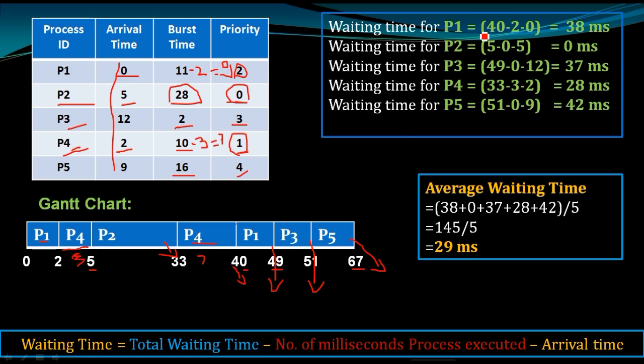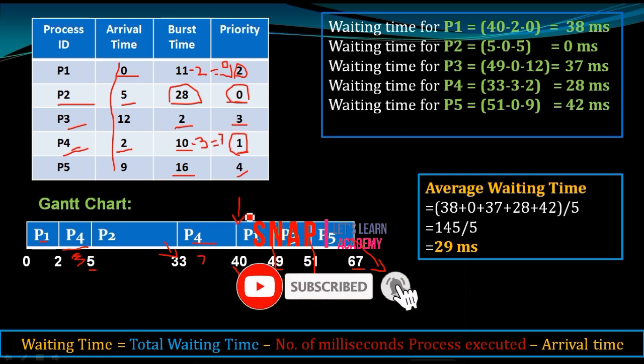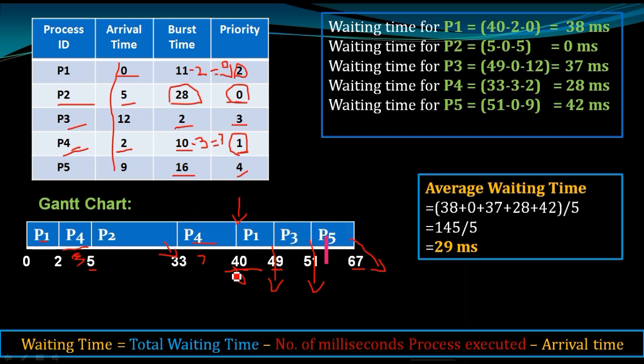P1, 40 is the total waiting time. So let us go to the Gantt chart, and the last execution of P1 started at 40th millisecond. So compared to 0 to 40, it is waiting for how long? 40 millisecond. Minus 2, what is this 2? Number of milliseconds the process executed earlier.